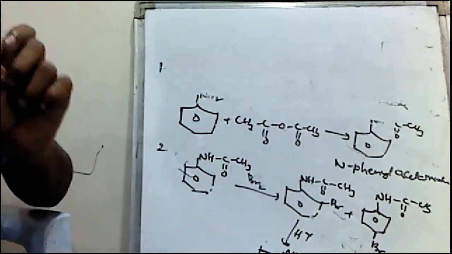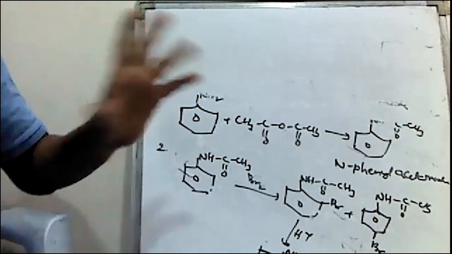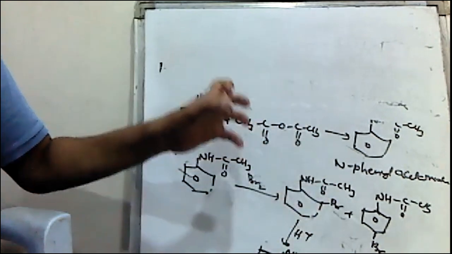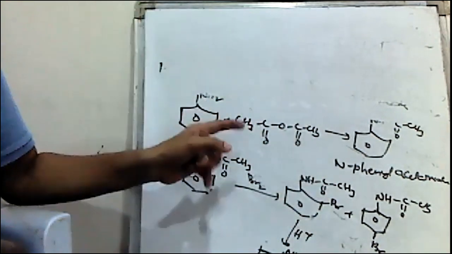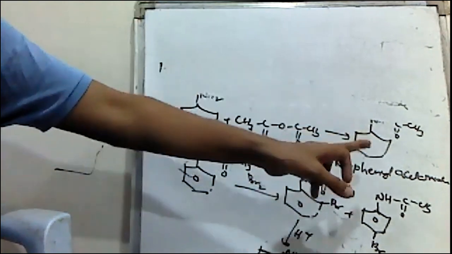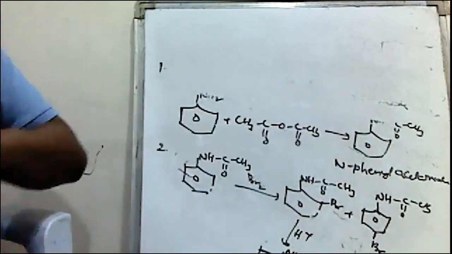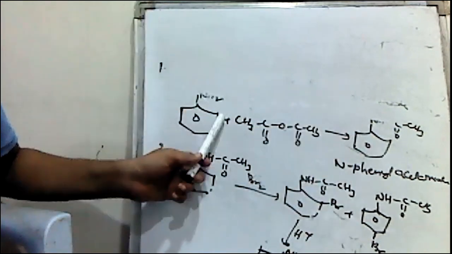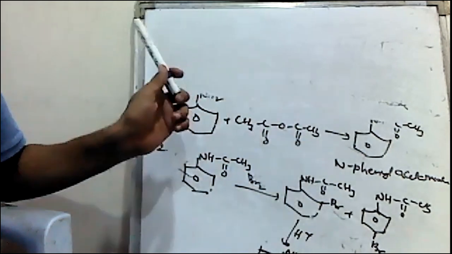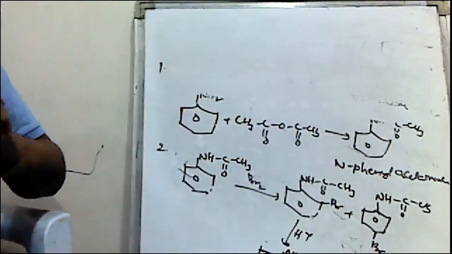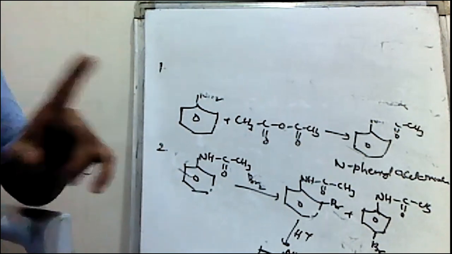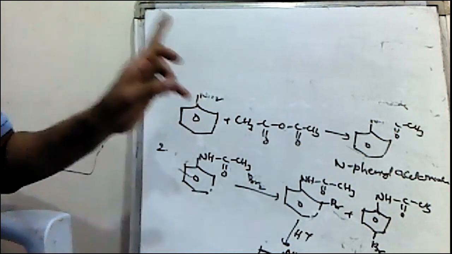If you want to get a monobromo product, it is necessary to decrease the ring activating effect of the NH2 group. This ring activating effect can be decreased by means of acetylation.